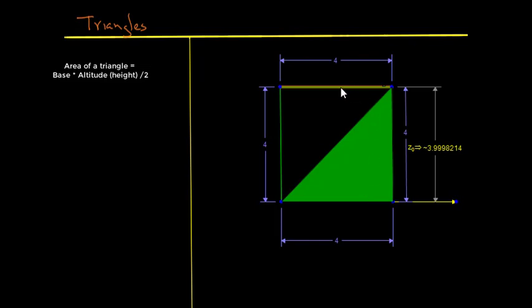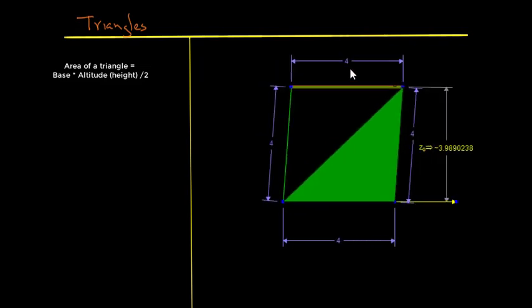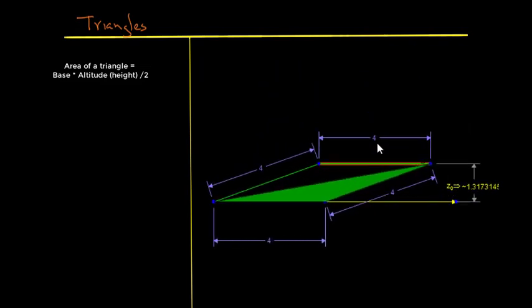It's something called Hero's formula. And you will notice that this line right here, it's called the hypotenuse. So it's the longest side of the triangle. But you will notice that as we change our angles, that hypotenuse is going to change.